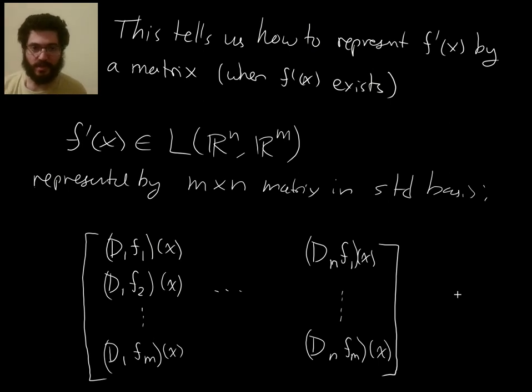So to summarize this theorem, 9.17, we've now seen that when f prime of x exists, when f is differentiable at x, the partials then also exist, and the partial derivatives are the components of the matrix representation of f prime at x in the standard basis.